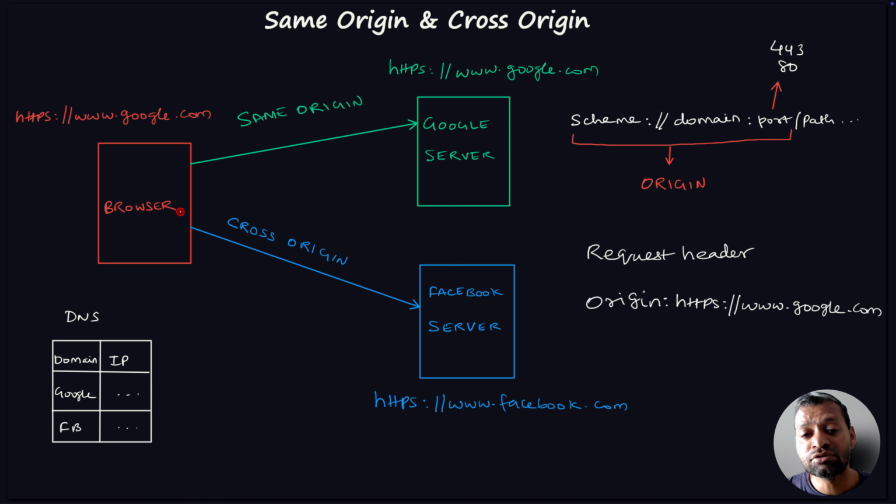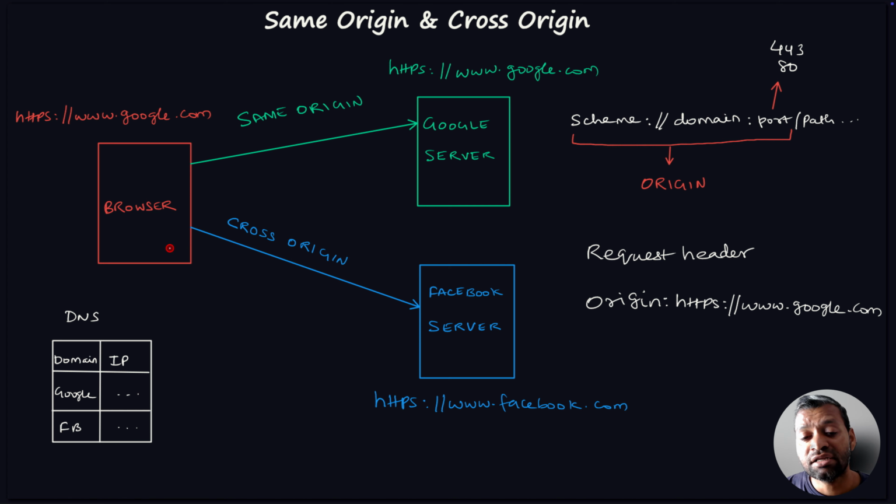If the browser makes a request and that request URL has the same origin as Google's origin, then it is same origin request. But if the URL of the request made by the browser has different origin, so for example, if the browser makes a request to facebook.com, then obviously the URL's origin will not be same as Google's origin. So those type of requests are called cross origin requests. Okay.